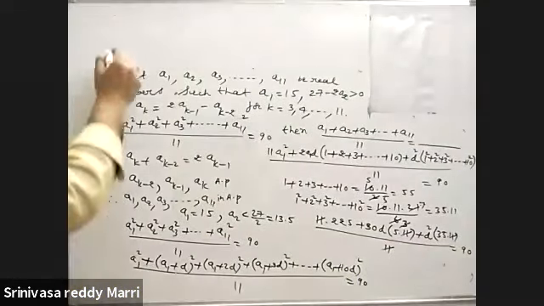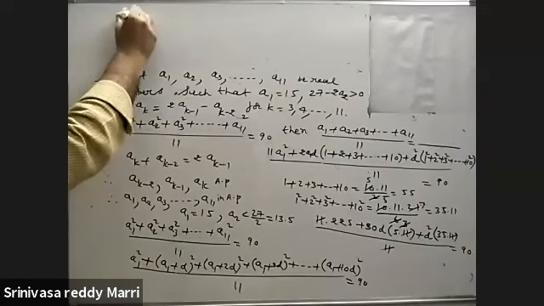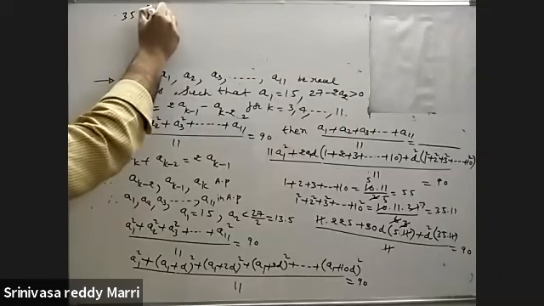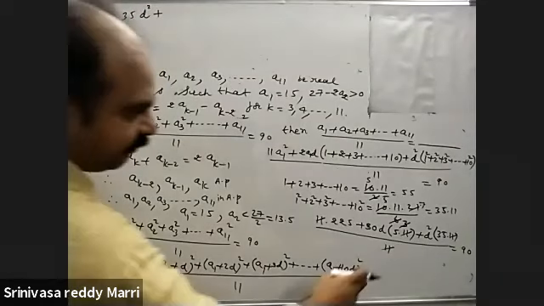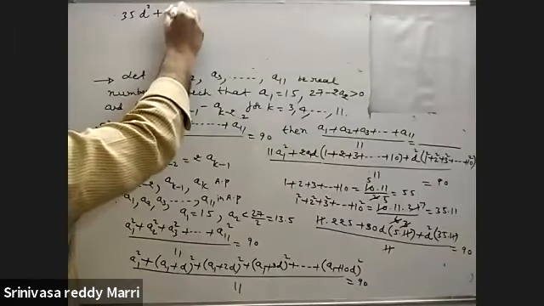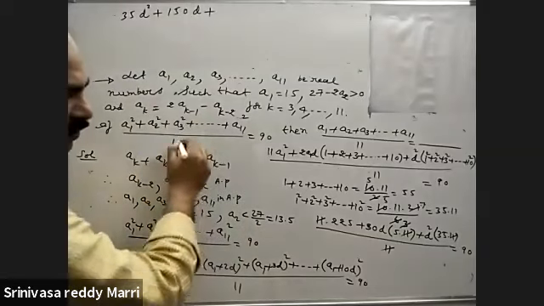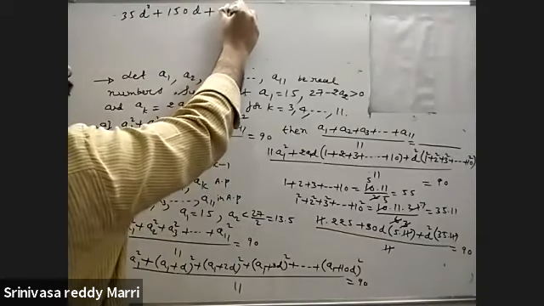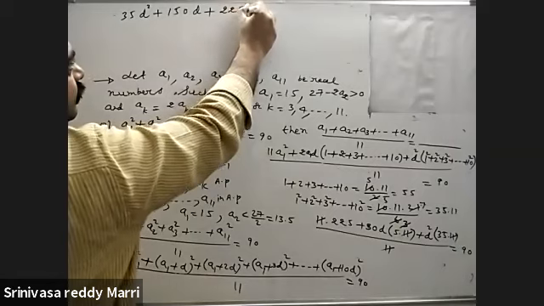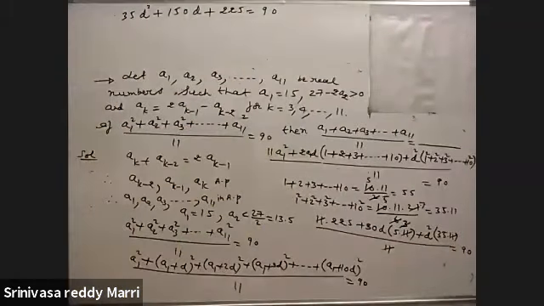I am writing first. 35 D square plus what is remaining here? 150 D less 225 equal to 90.